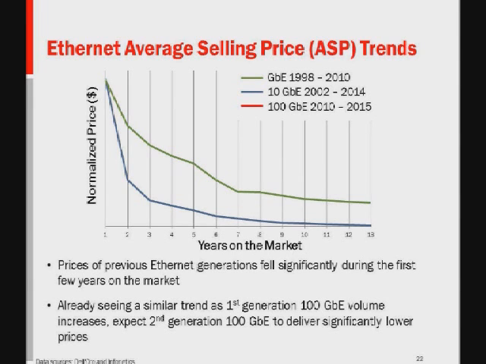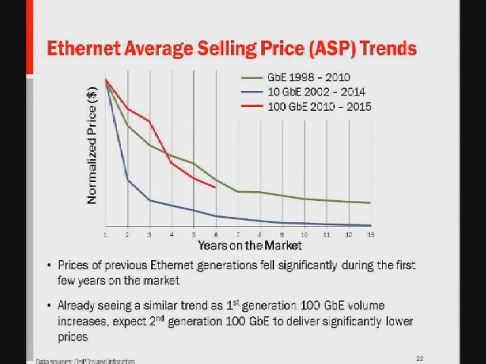What I did is I took some Dell'Oro historical data and then some Infonetics projections on 10 gig and also 100 gig, and historical data on gig. If you look at it in relative price, what's happened with 10 gig and gig Ethernet is that in the first several years, say the first 2 years, there's been a really significant cost decrease in the technology.